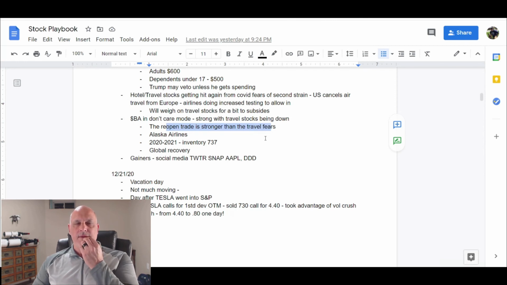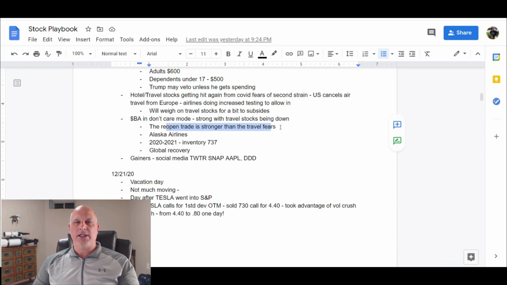It means that your restaurants and your Ulta Beauties, your Macy's, Under Armour, those are all some of the ones I'm watching. Those are stronger than the travel stocks, the Marriotts and the Hyatts and the Hiltons of the world, where those guys really get their revenue from business travel and also people traveling in general.